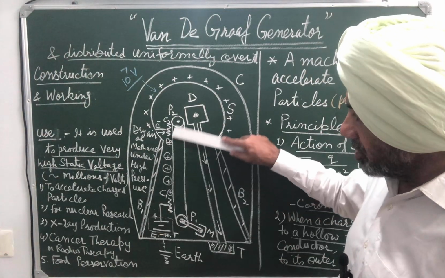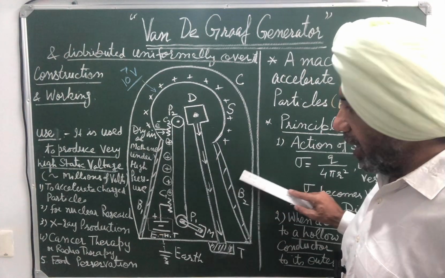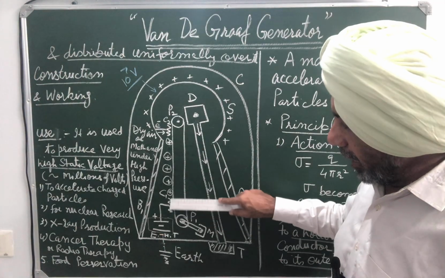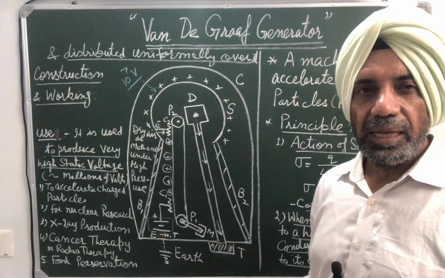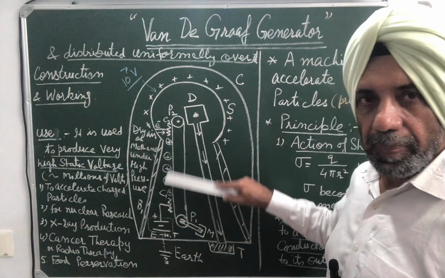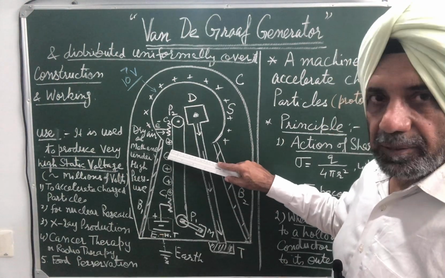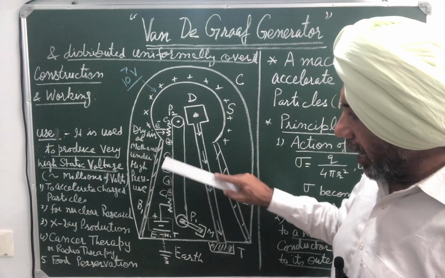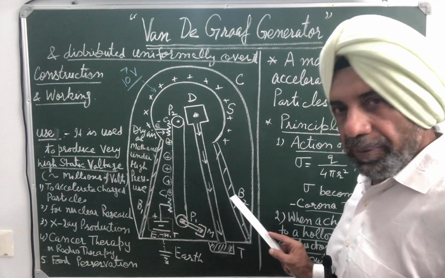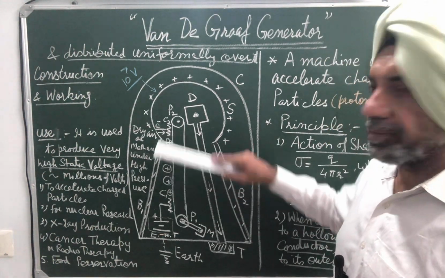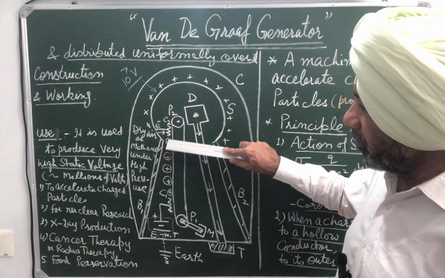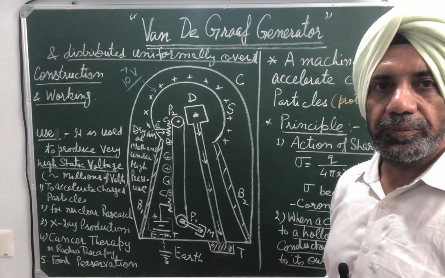When belt runs, there is air under high pressure in the surrounding of the belt. Velocity increases, pressure decreases. That's why positive ions, instead of going away from the belt, start riding on the belt and rise.